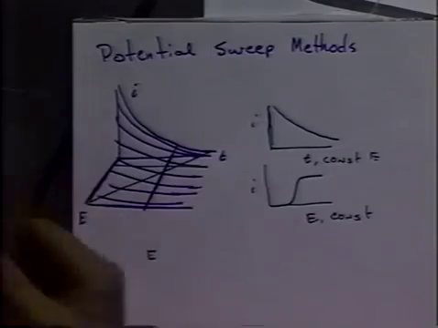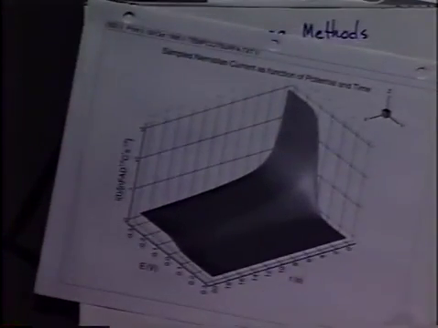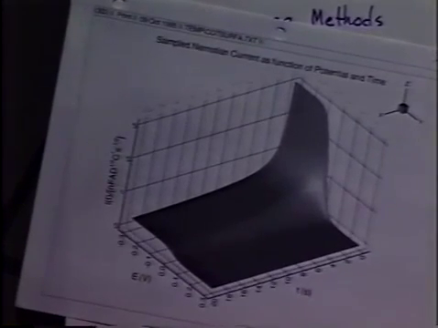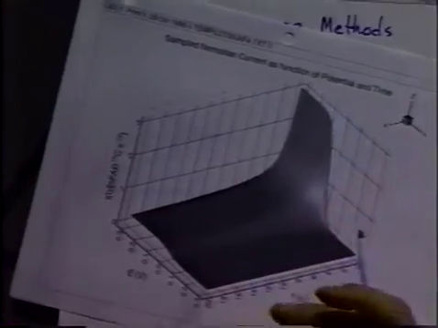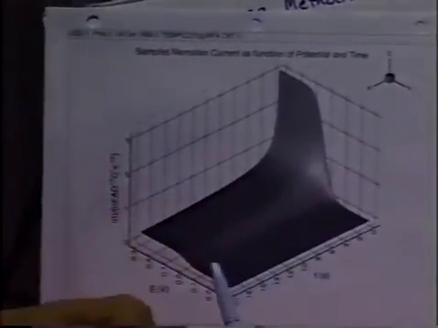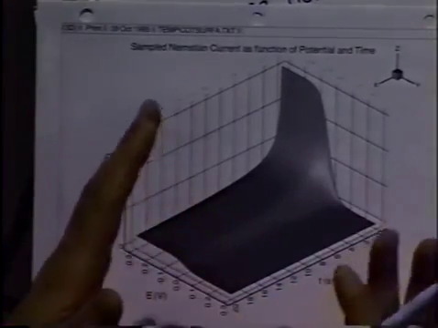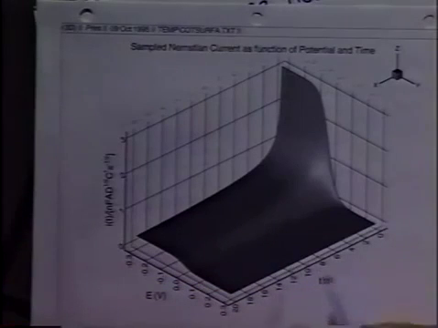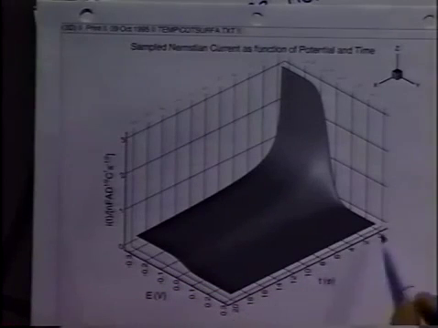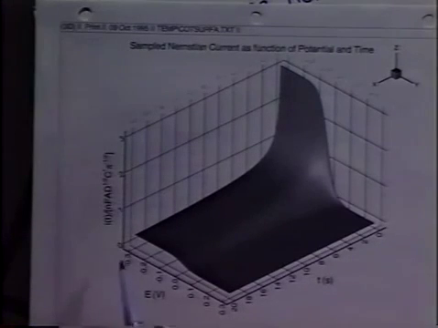Here would be a plot of the sampled Nernstian current as a function of potential and time. Now this is a Nernstian situation, so this would be reversible potential steps. If it's not Nernstian, then it would have a different shape. But you can see along this axis we have time from short to long times, and here's potential from positive potentials to negative potentials.